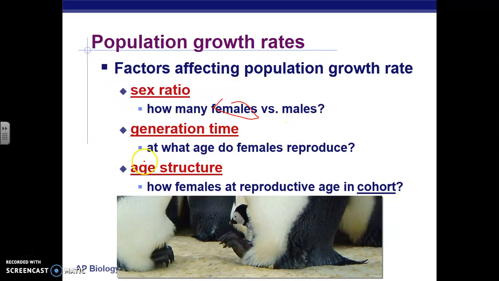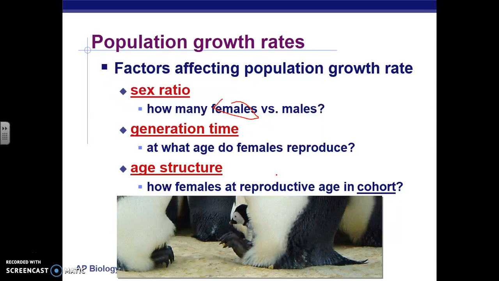Lastly, we have the age structure. At a given time, you may have a different number of females in a population that are at reproductive age. The more females that are at reproductive age, the faster the population can grow. So for example, if we take humans, the reproductive age is, at a low level, not every female, but around 12 to probably around the 40s.